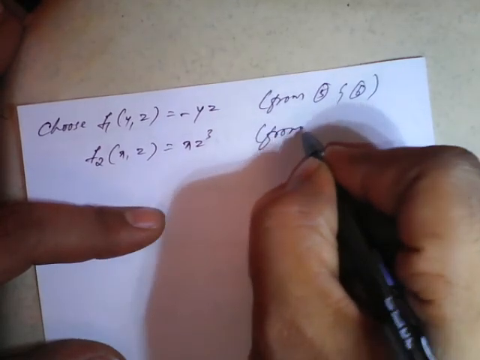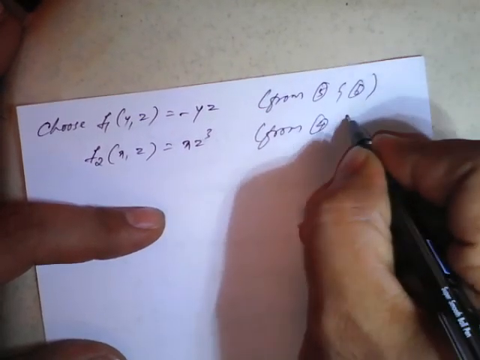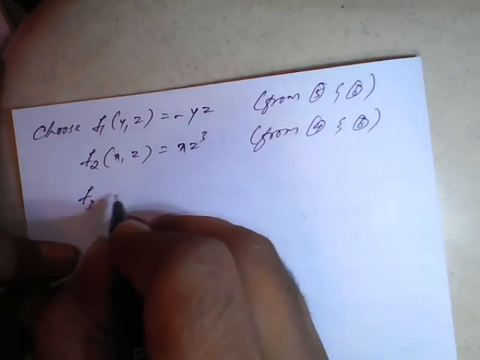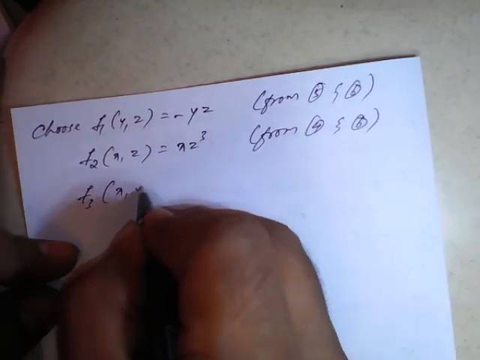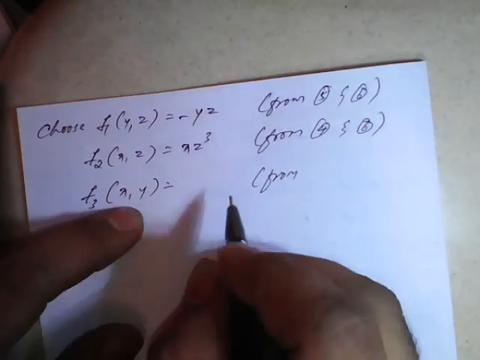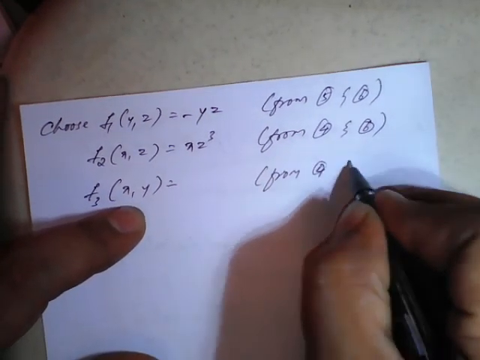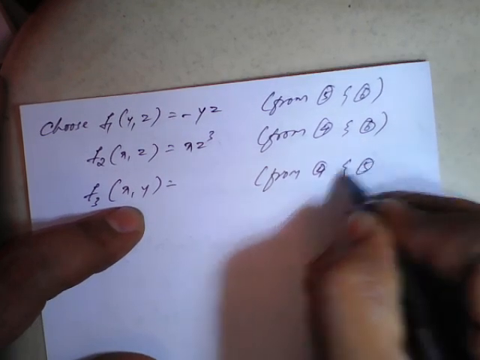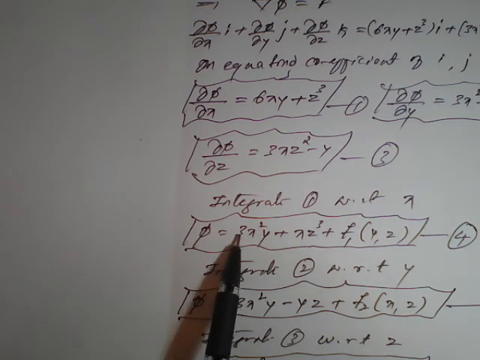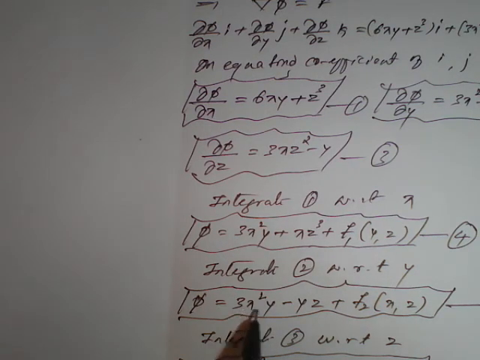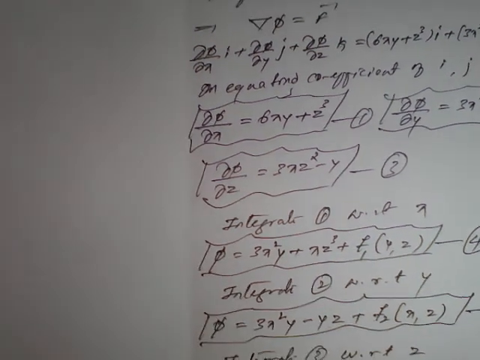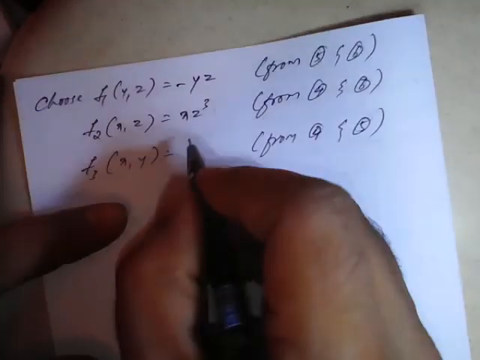So this will be from 4 and 6, and to get the value of f3 of xy, which is free from z term, from equation number 4 and 5, free from z, so 3x square y and 3x square y, because this is also having z, this is having z, so therefore 3x square y.